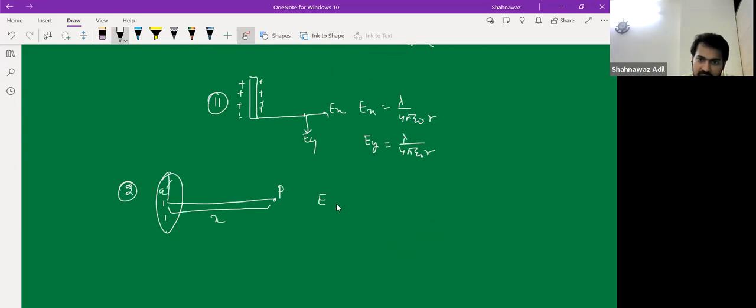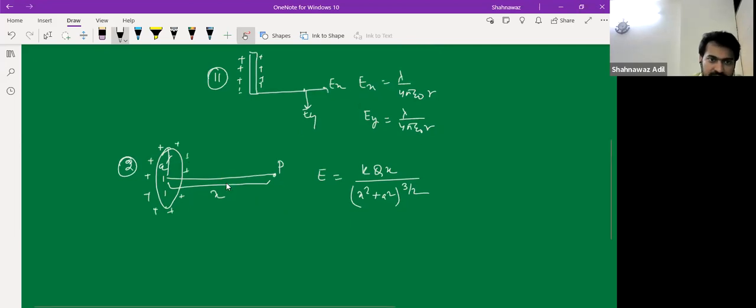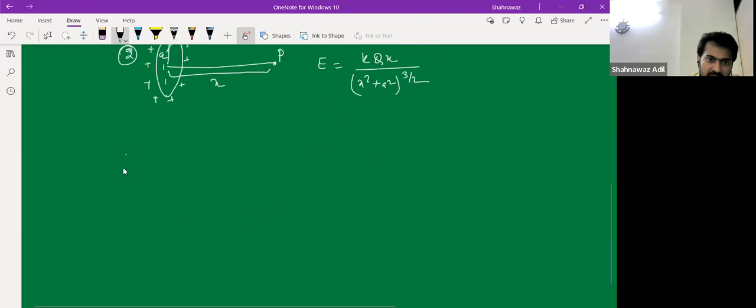So the electric field was Qx by (x squared plus a squared) to the power 3/2. I will keep revising whatever we have learned so that you guys can do it.